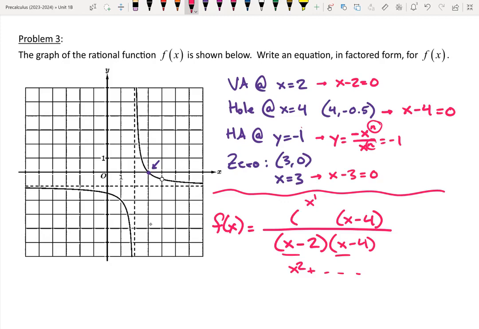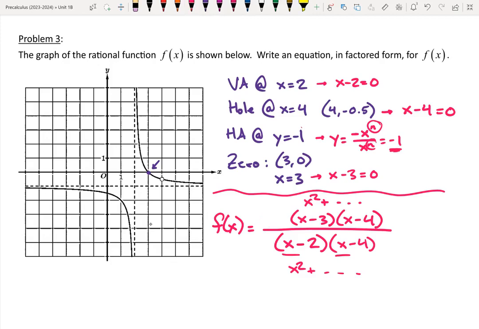So I should have another factor up in the numerator. All right, now let's check. If I multiply, that would be x squared plus whatever, x squared plus whatever. So I have the same power, but I do not have that negative yet that I want.